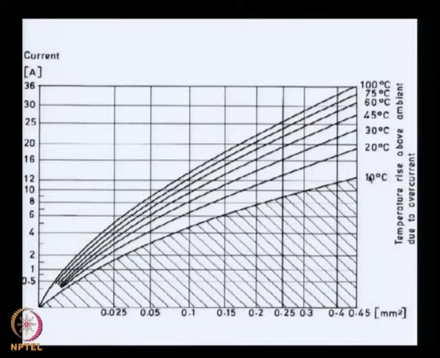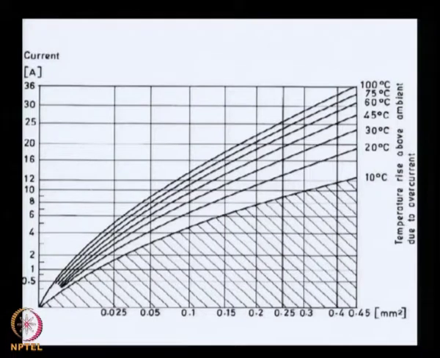They represent the family of curves for different temperatures. So, if at 20 degrees you would like to pass 16 amps, then you take the intercept where it cuts the 20 degree line at this point, and then straight down, it would be around 0.35 mm square.